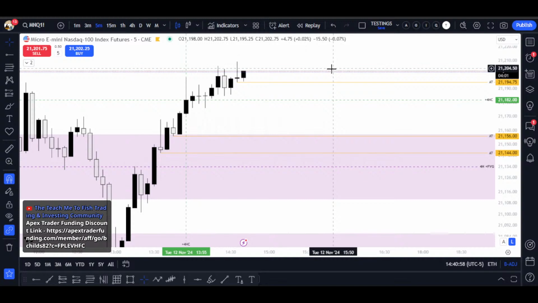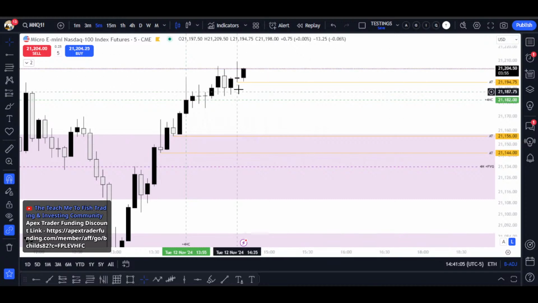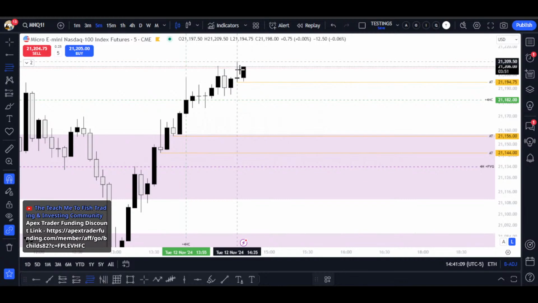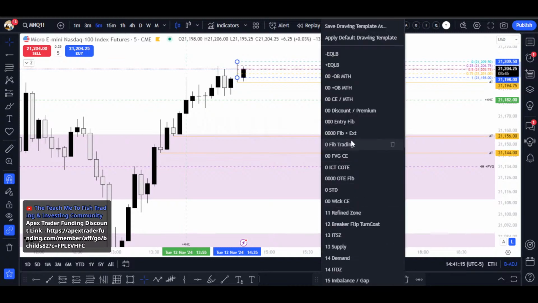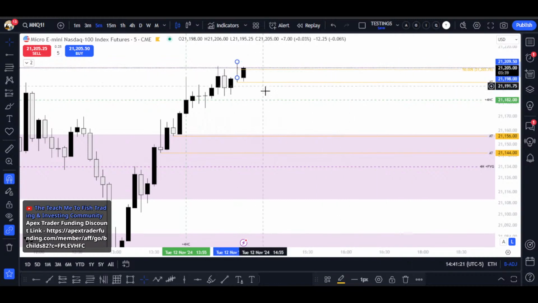Let's change this back to the crosshairs. Now this is a pretty long wick, so of course, well, I shouldn't say of course, because you may not know, but the consequent encroachment, which is 50% of that wick, is a target.